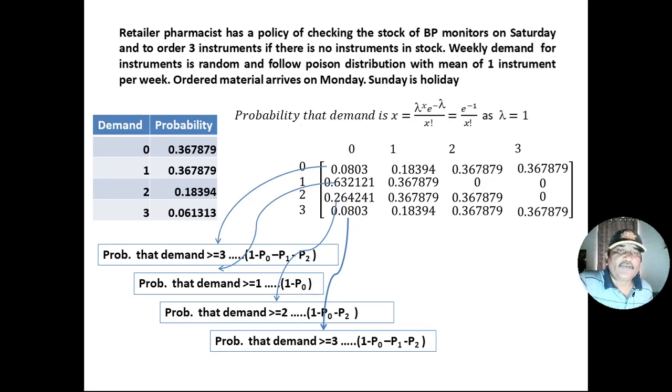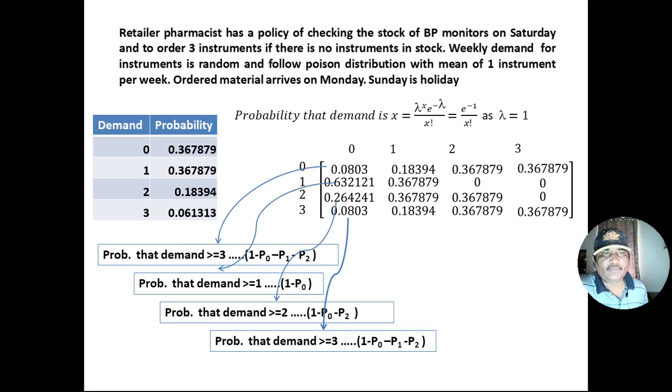A retailer pharmacist has a policy of checking the stock of BP monitors on Saturday, and to order three instruments if there is no instrument in stock. If on the review of the stock on Saturday, the retailer finds that there is no stock of BP monitors, then he will be ordering three instruments.